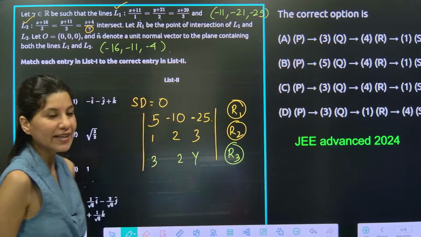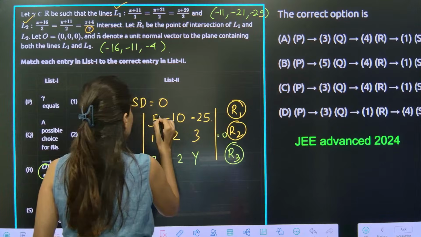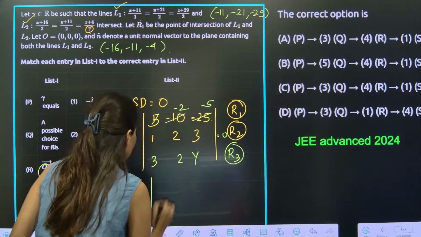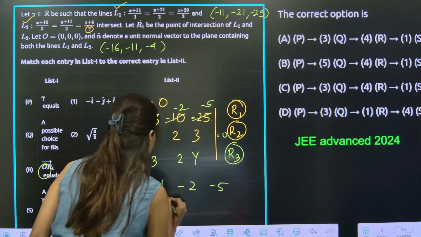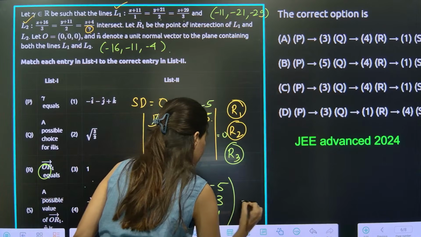Now we can take something common as well. Take 5 common. This is 1, minus 2, minus 5. So 1, 2, 3, and 3, 2, gamma should be equal to 0.